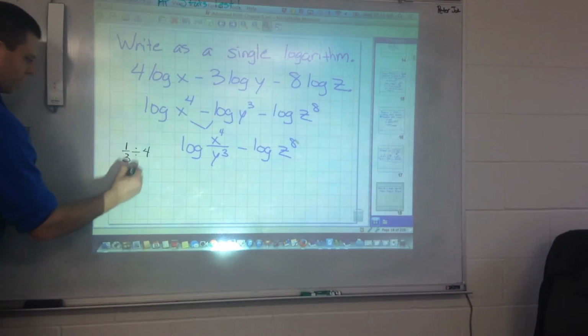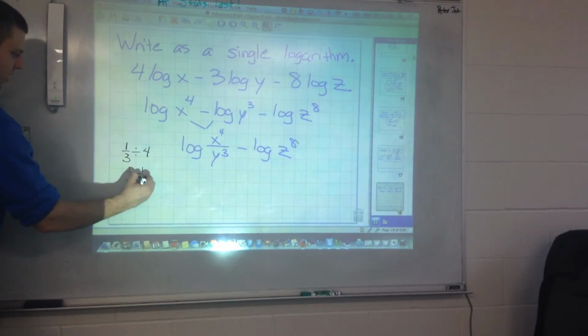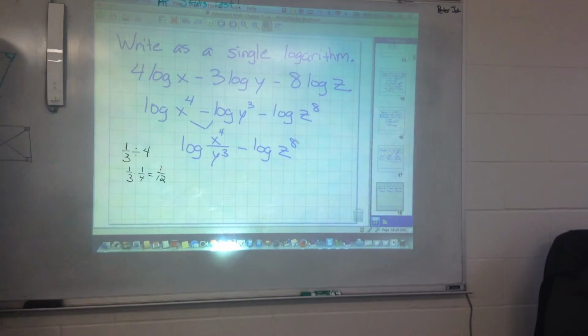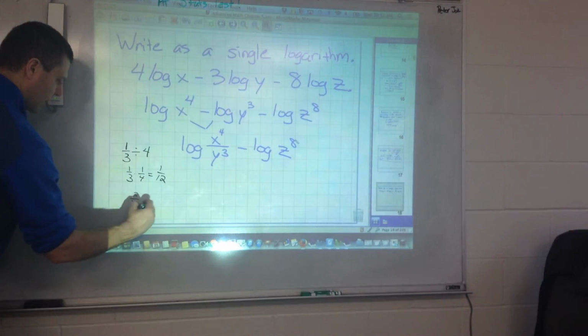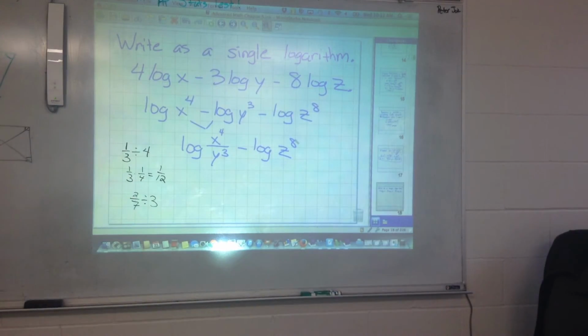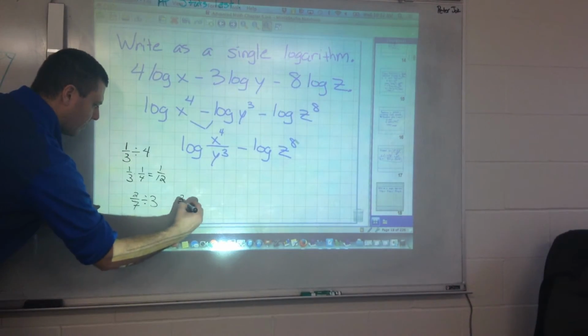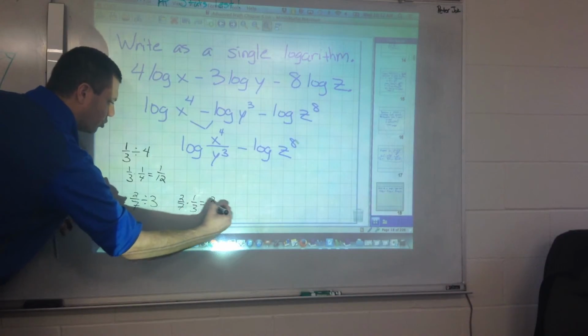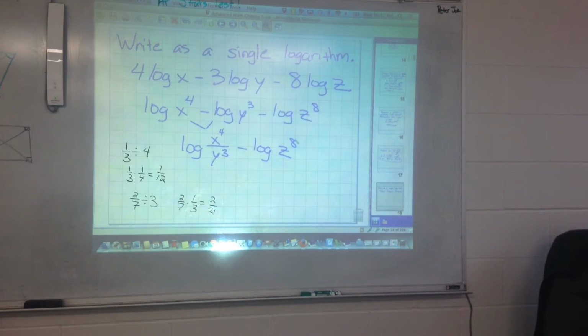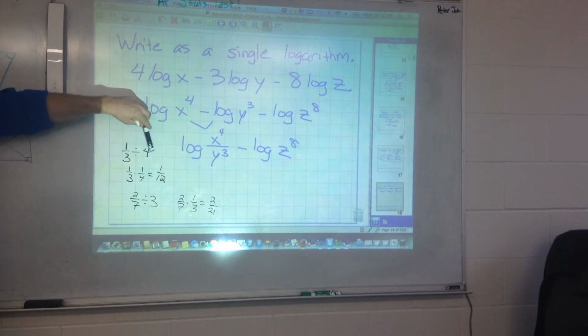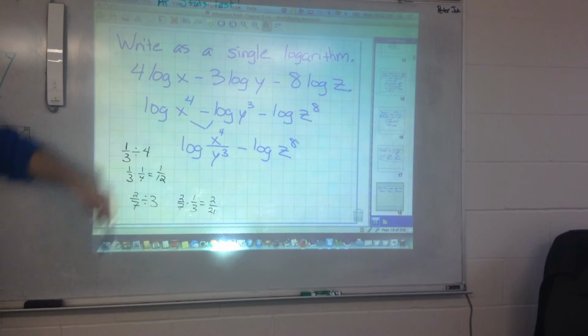Because really, 1/3 divided by 4 is like 1/3 times 1/4, and you get just 1/12, right? What's 2/7 divided by 3? 2 over 21, right? Because really, you have 2/7 times 1/3, which would be 2 over 21. So if you look closely here, when you have a fraction divided by something, where does that something end up going? On the bottom.